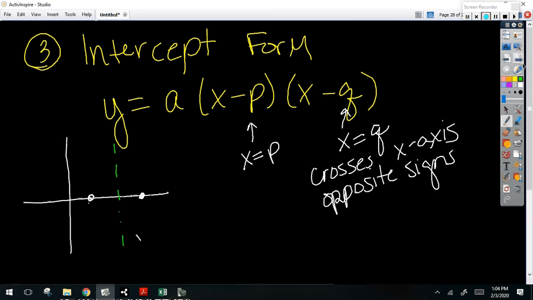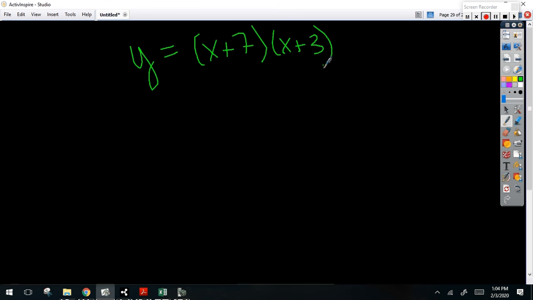Let's do... And let's do negative in front. We had no one that goes down. If A is not there on these, it's 1.